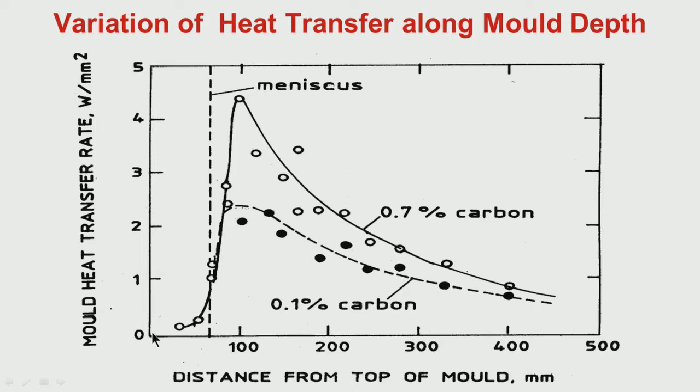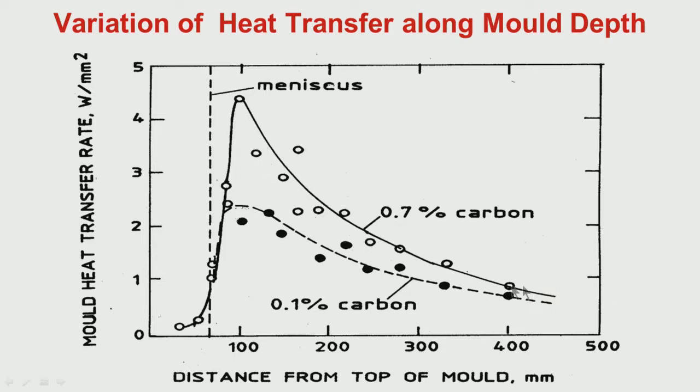Zero means top of the mold, and the meniscus is somewhere here. You do not have the meniscus at the top of the mold, otherwise due to fluctuation there might be spillage, which is not desirable. So, the meniscus is at a depth of say 70 millimeter from the top of the mold. From 30 millimeter below the meniscus you have the maximum heat transfer, and then it comes down.